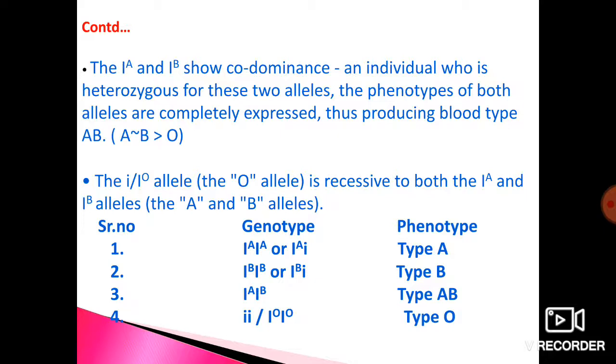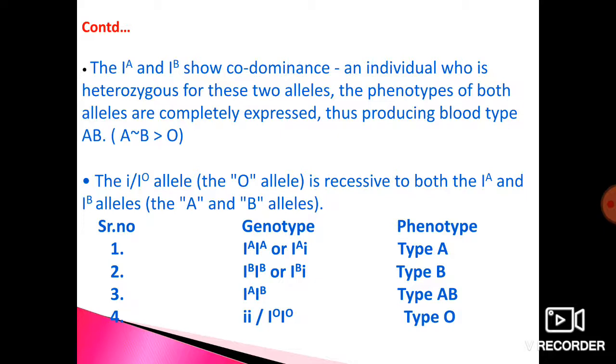the person will be type A. In the former case, where both are capital IA, both are the same, so they will create group A. But in the next case, when IA is combining with small i, or for that matter capital I O, the small i is recessive, so it will again be A, the law of dominance, the first law.